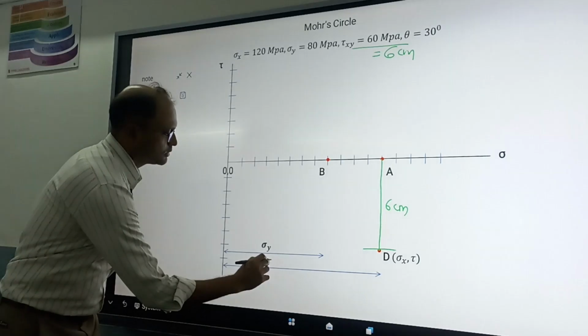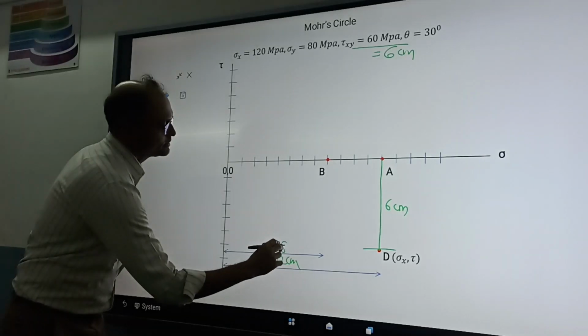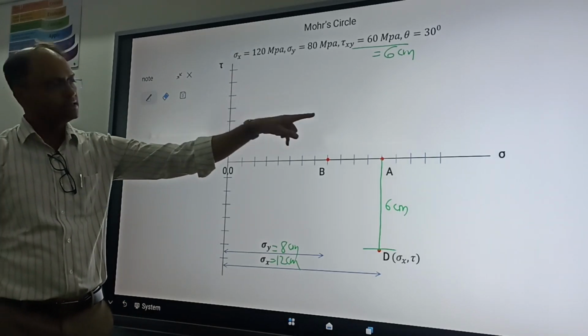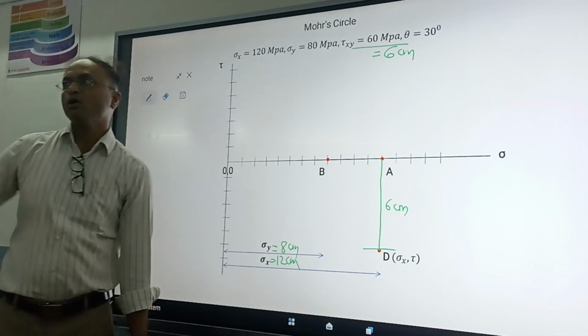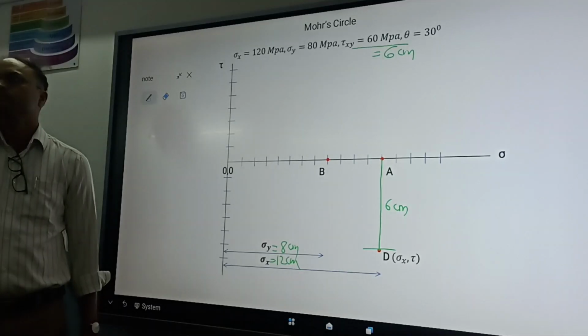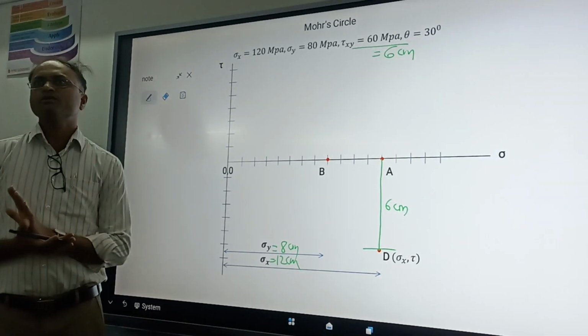This sigma x is equal to 12 centimeter, already done. Sigma y is equal to 8 centimeter, that is done. And now tau xy is equal to 60 MPa, that is 6 centimeter along y direction. Are you all understanding this? Very simple process.